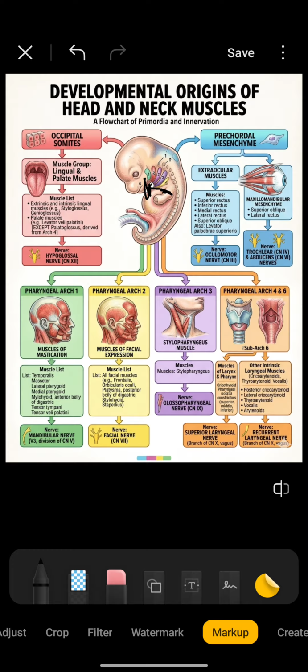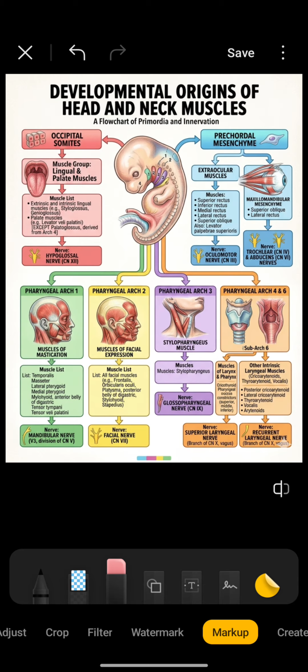The mesenchyme in the arches gives rise to muscles. Mainly the pharyngeal arches are ectodermal, but intervening between them there is mesenchyme from which muscle is derived. Neural crest cells migrate into the arches, creating the swelling in the arches and contributing to the arches.